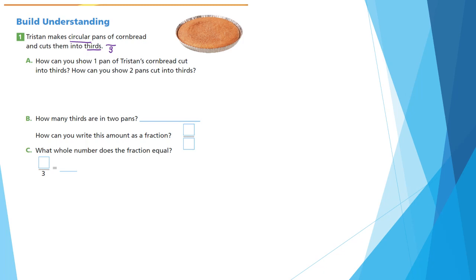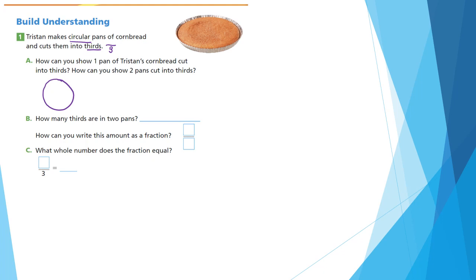Well, let's start with the first question. It's asking me for 1 pan of Tristan's cornbread cut into thirds. I know that his cornbread is a circle, so I'm going to go ahead and draw my circle. And it's cut into thirds. I know that when I'm cutting it into 3 parts, I want to make sure that those parts are equal.